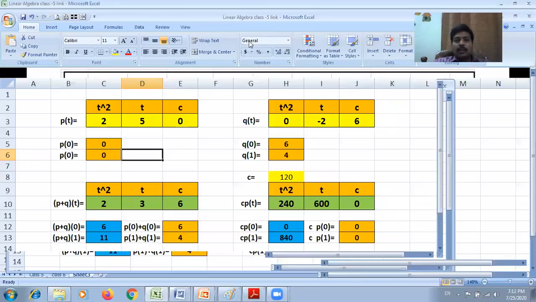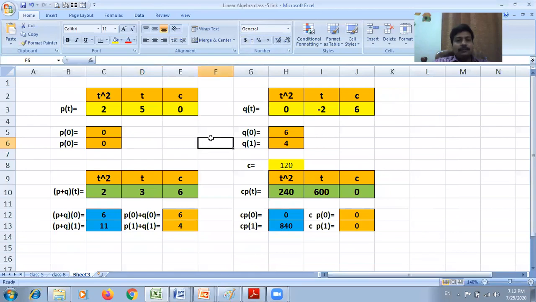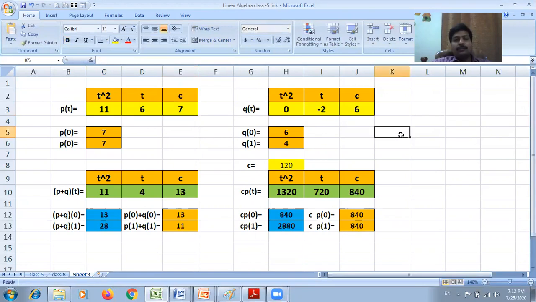So we can see some more live examples with this. Now I can take anything, say 11t square plus 6t plus 7 as my first polynomial, and my q of t is 5t square minus 4t plus 8.